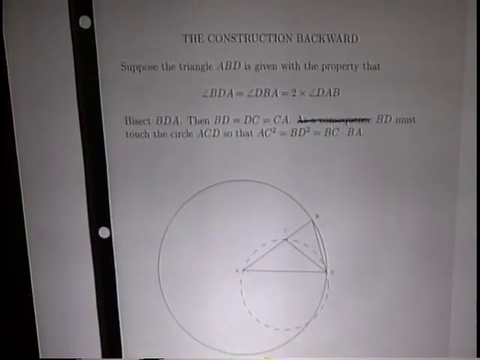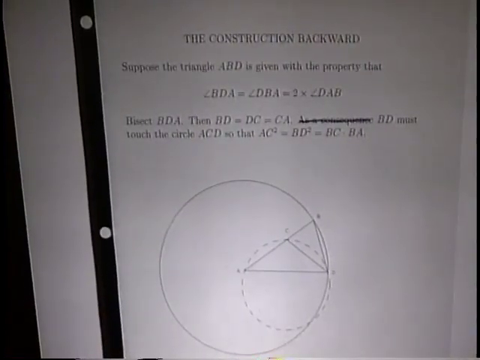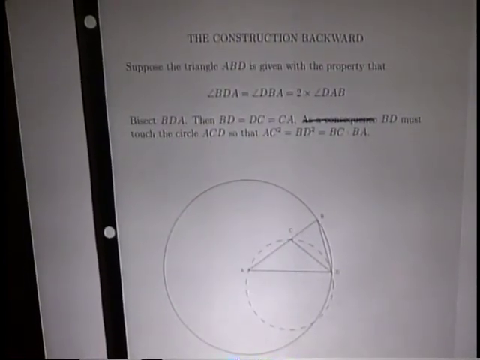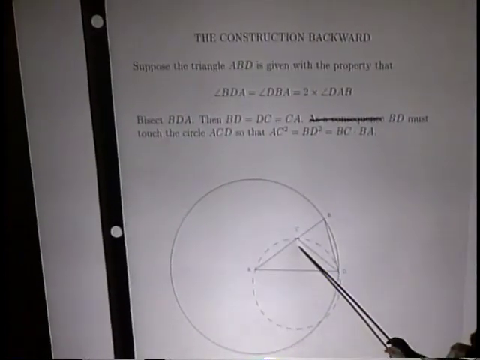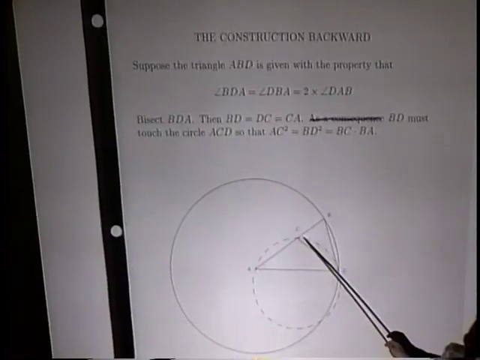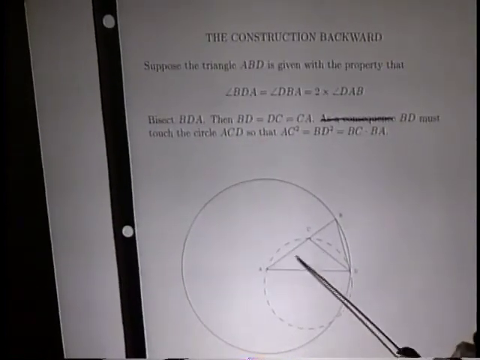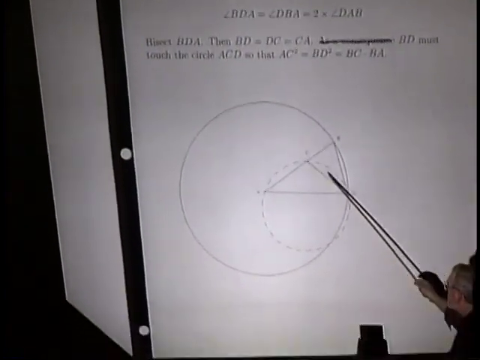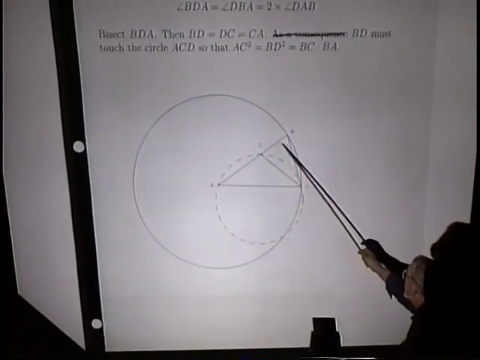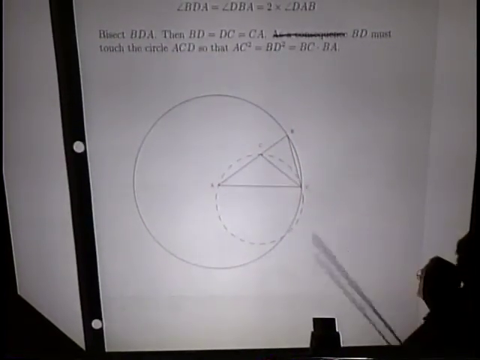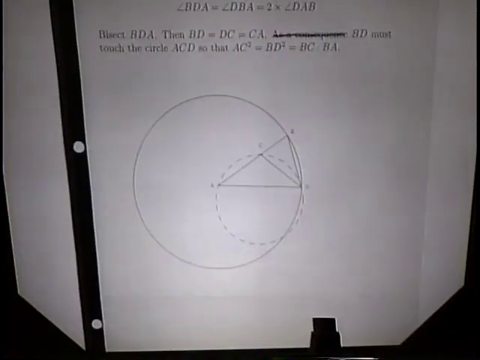And then we have to basically recall, and we had this argument before, that this plus this is 180, and this plus this is 180. These two are equal, so this is twice either this or this. That means it's equal to that. So these are equal, means these two sides are equal. So BD is not only equal to, so BC is not only equal to CA, it's also equal to BD.